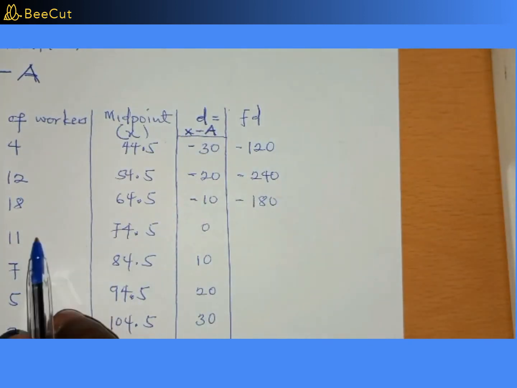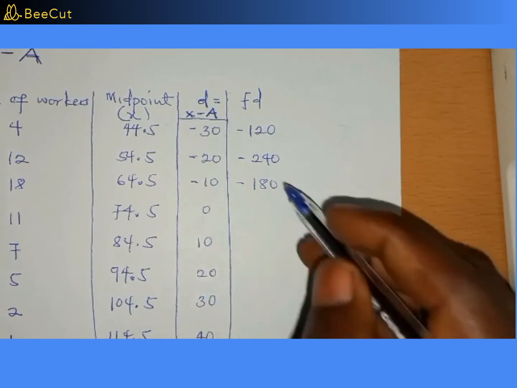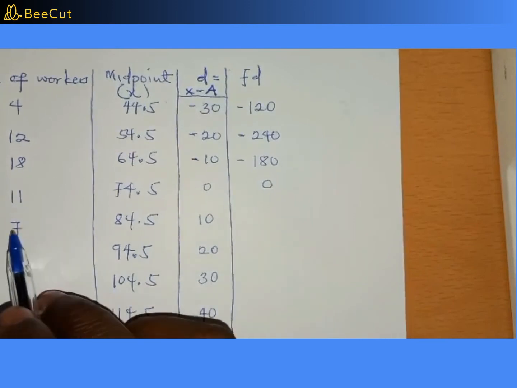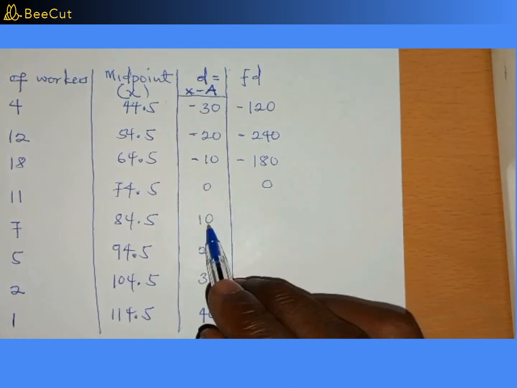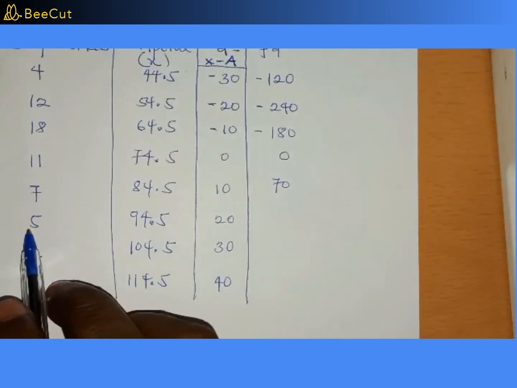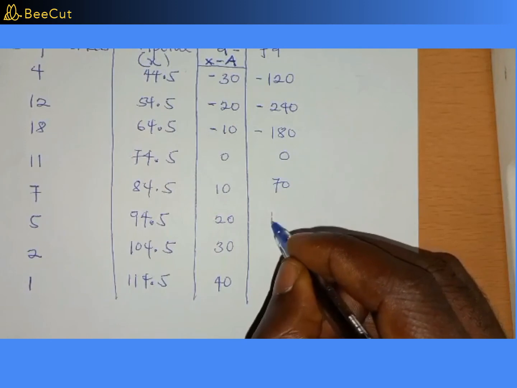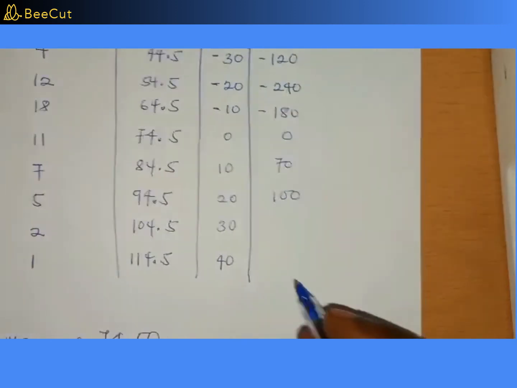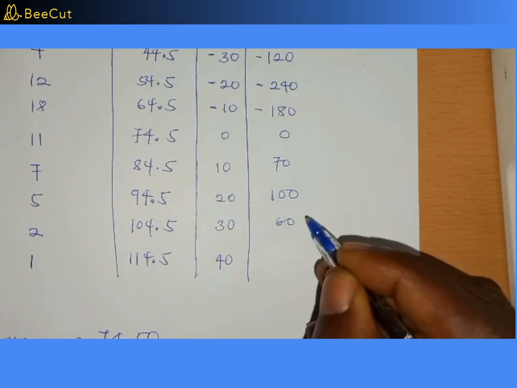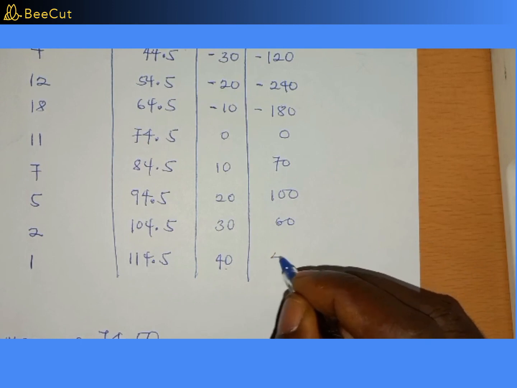And the next one, we pick the frequency, which is 11, times the deviation, which is 0, and that gives us 0. The next, we pick 7 and then the 10, and that gives us 70. We pick 5 and then the 20, and that gives us 100. We pick 2 and then 30, and that gives us 60. And then we pick 1 and then 40, and that gives us 40.